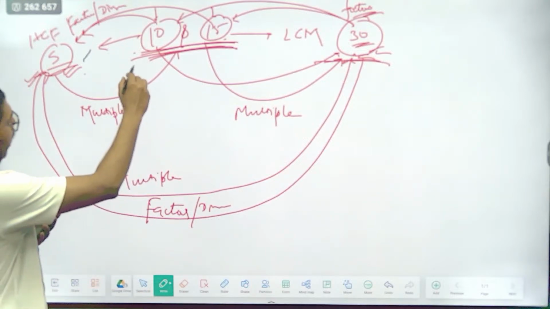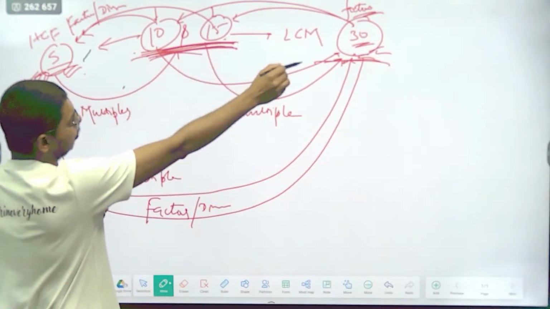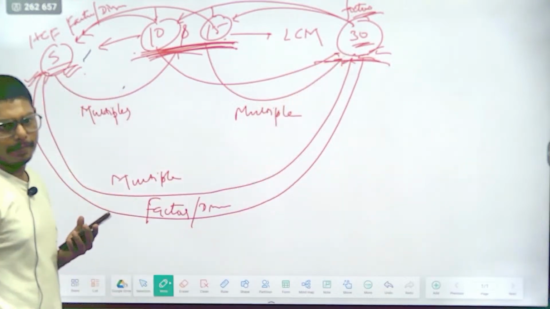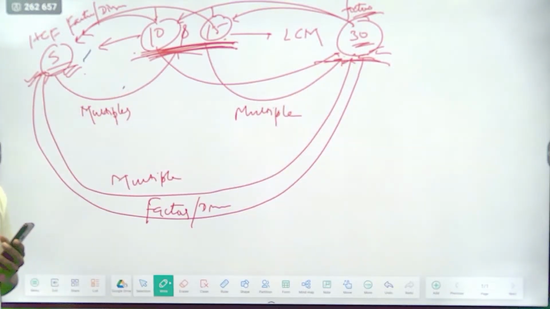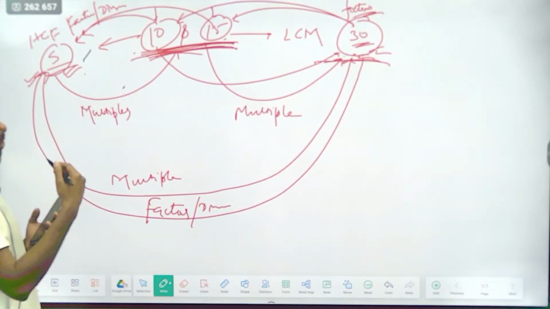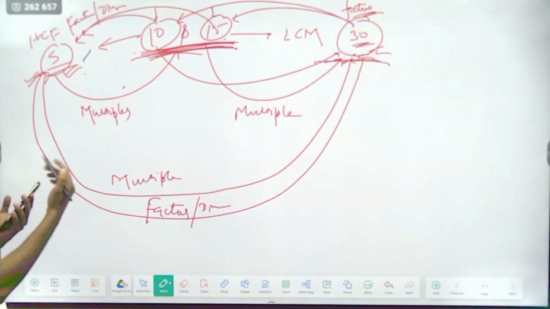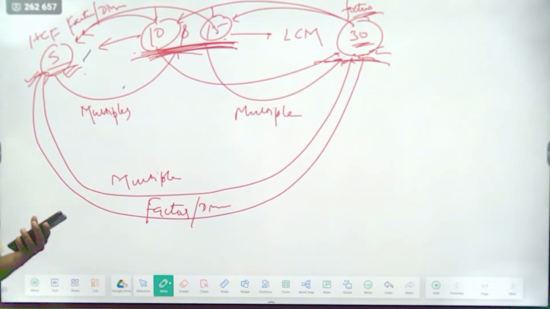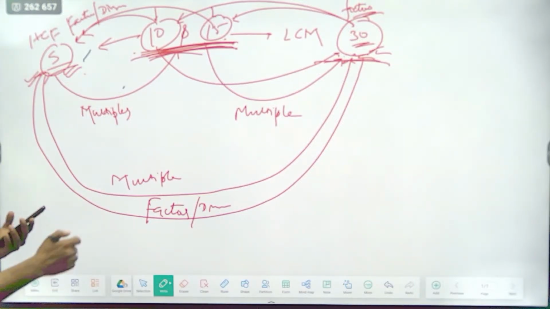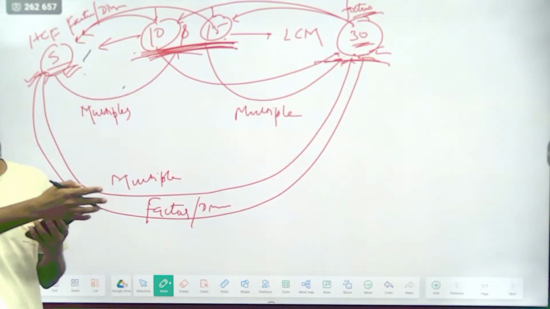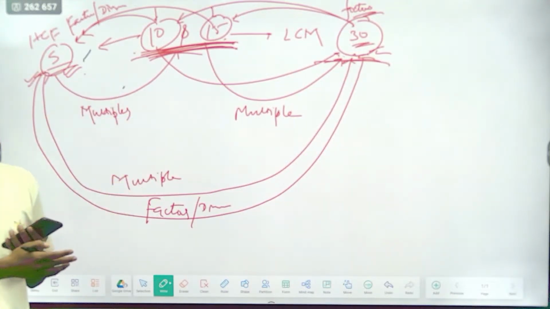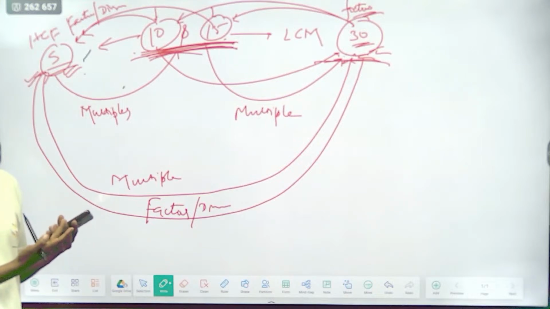And these two numbers will also be divisors of the LCM. So basically some number times HCF will give you the given numbers, and some number times HCF will give you the LCM. This is the connection between all of this. Each of them is either a divisor or a multiple of the others.